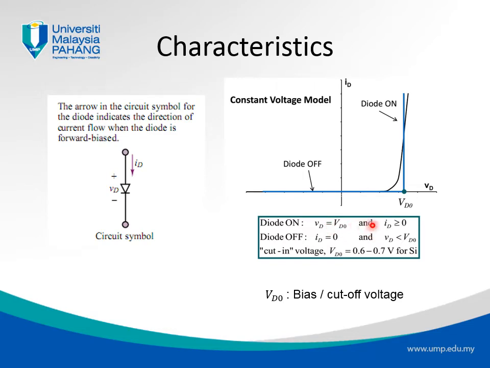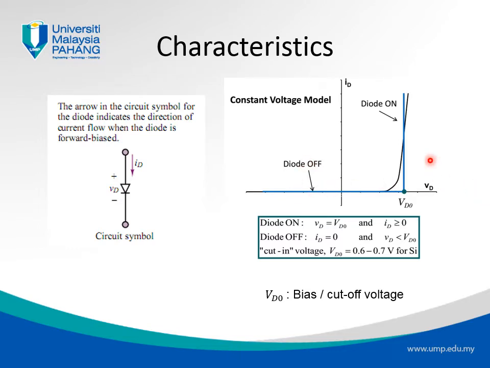So here it is explained for VD equals VD0. Once we have VD equals VD0, the diode is on. Therefore, we have current, unlimited. So it is now a short circuit, and a very large amount of current circulates across that diode. But if we have VD smaller than VD0, the cutoff or bias voltage, then the diode is off, right?